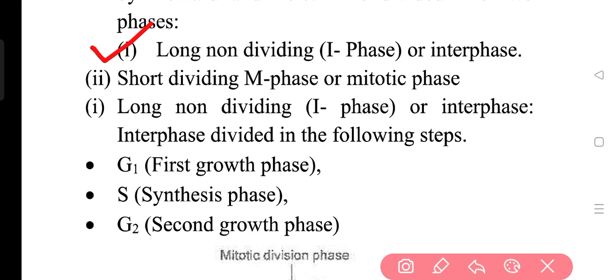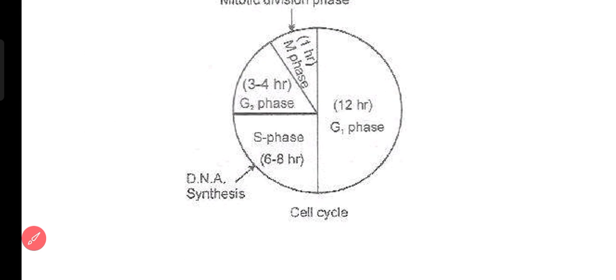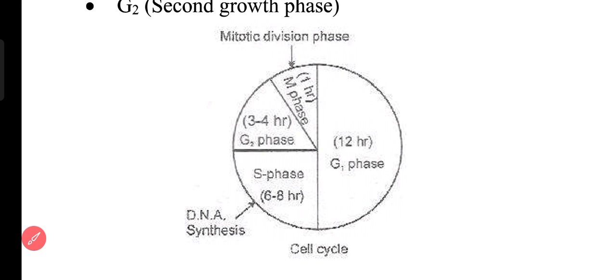Okay, the I phase, the long phase, is again divided into three phases: G1 growth phase, S synthetic phase, G2 secondary phase. These are not mostly important, but look at the diagram of the first phase of cell division.